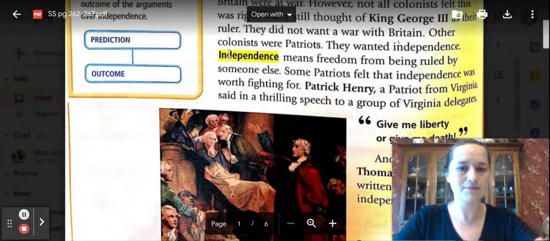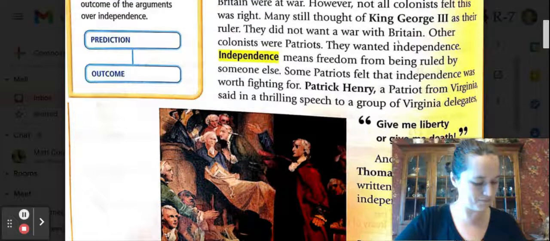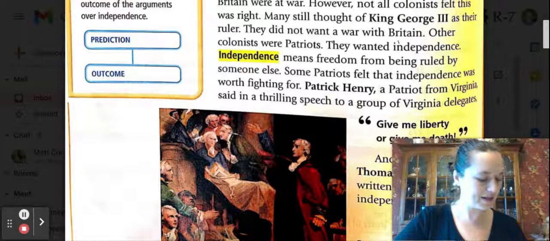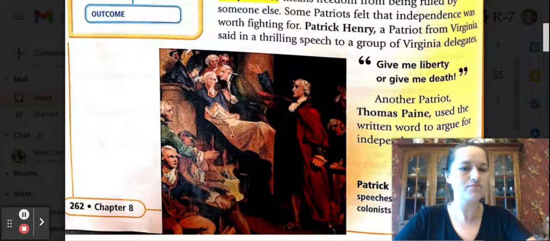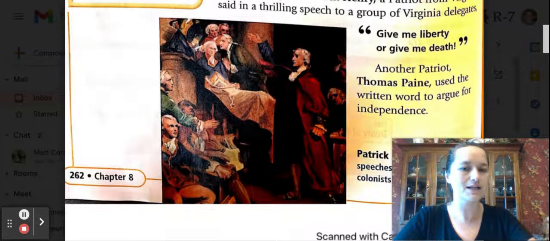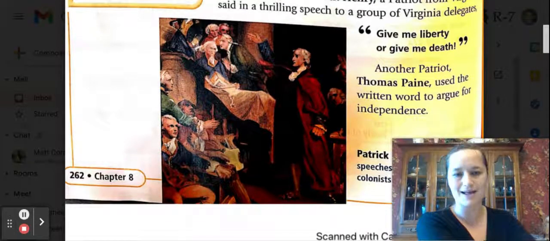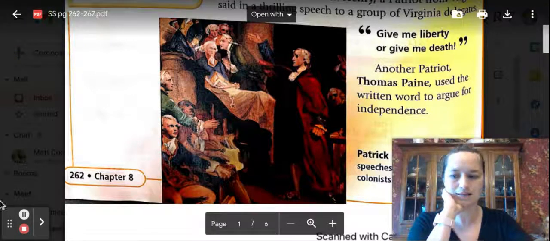Independence means freedom from being ruled by someone else. Patriots felt that independence was worth fighting for. Patrick Henry, a patriot from Virginia, said in a thrilling speech to a group of Virginia delegates, "Give me liberty or give me death." Another patriot, Thomas Paine, used the written word to argue for independence.